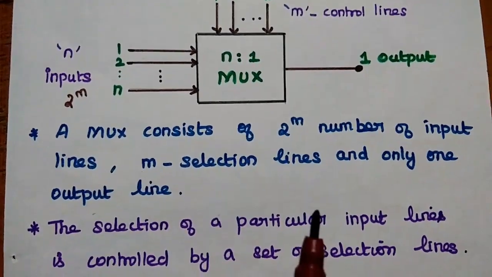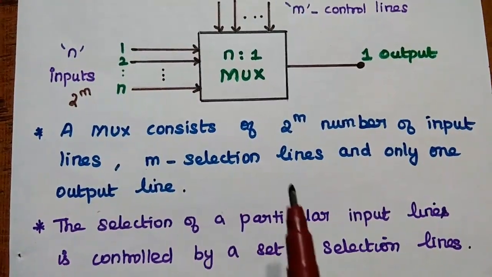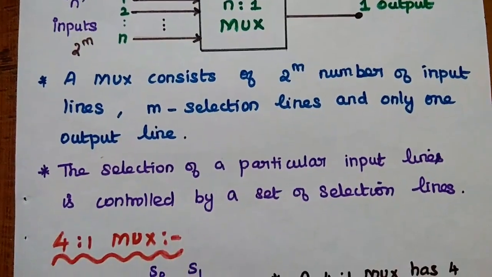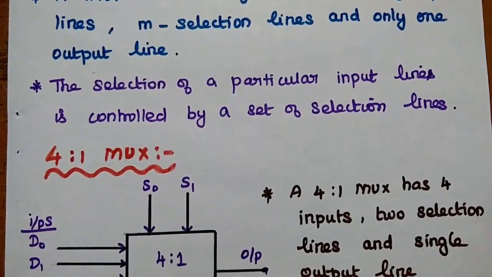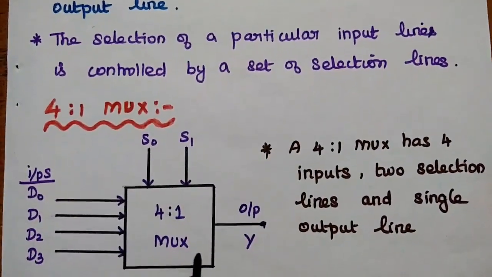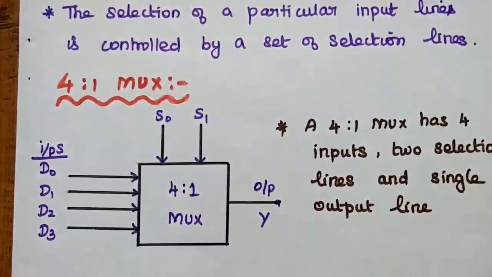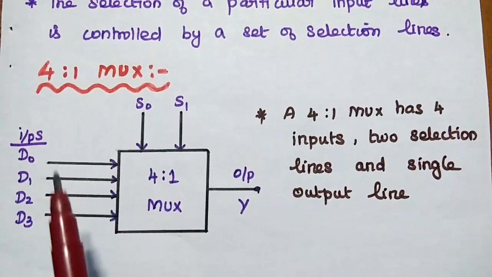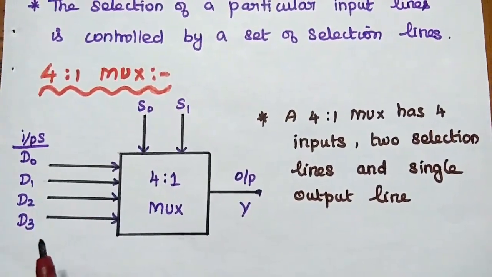A MUX consists of 2 power m number of input lines, m selection lines and only one output line. The selection of a particular input line is controlled by a set of selection lines. So let's discuss 4 is to 1 MUX here. In 4 is to 1 MUX, there are 4 input lines D0, D1, D2 and D3.